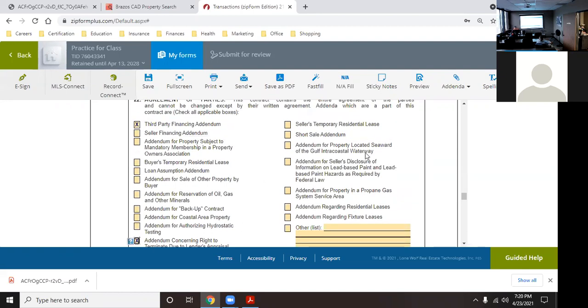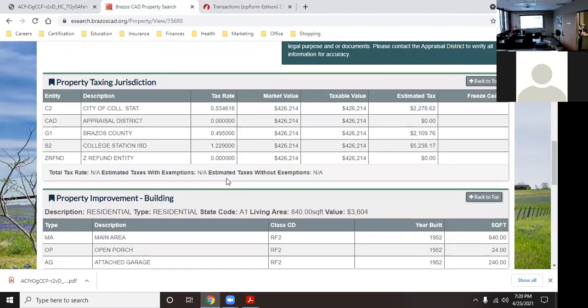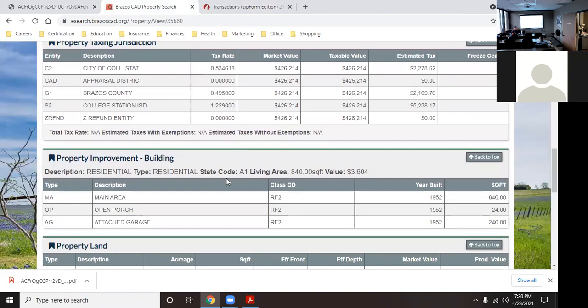Can anybody think of another one that we might need to use for this property? I will pull up, I don't know if it actually has it on. What do you think I need for this?